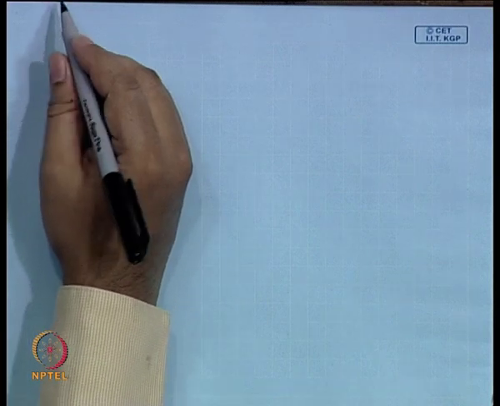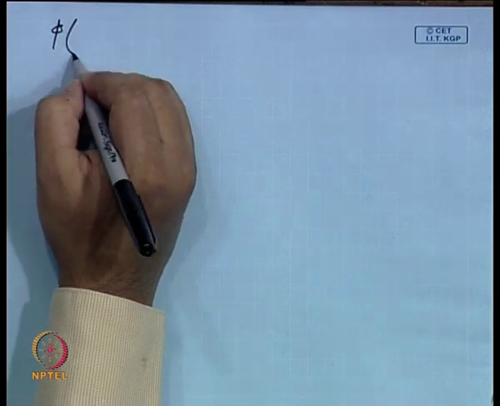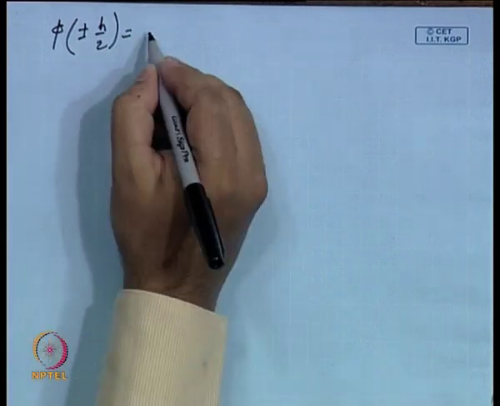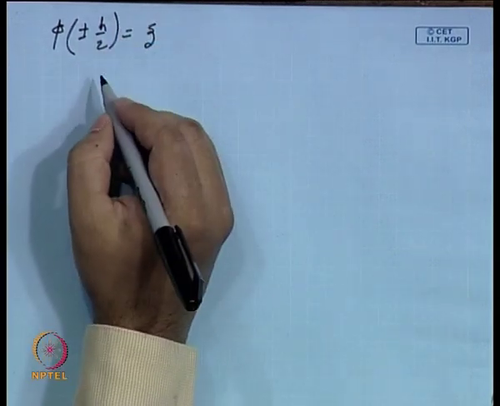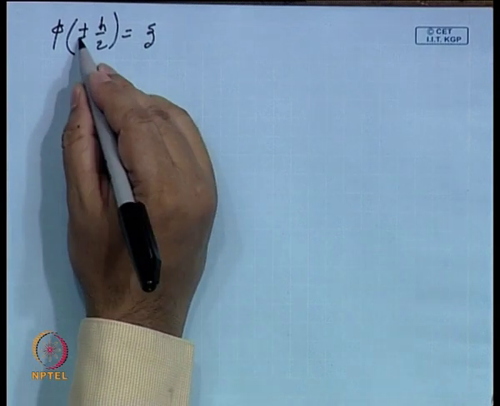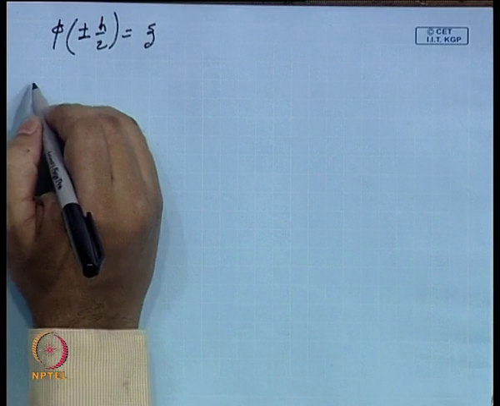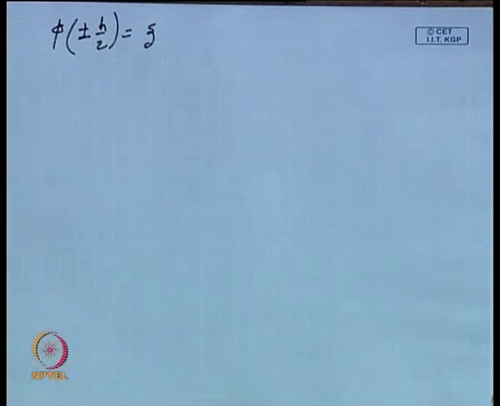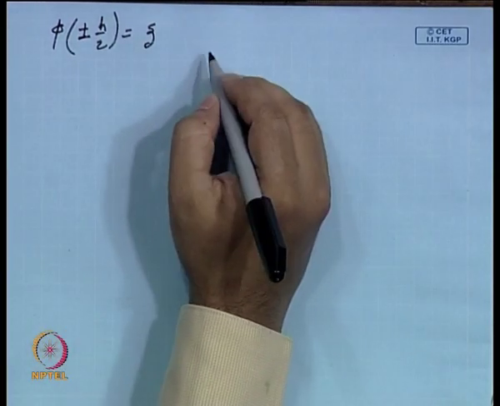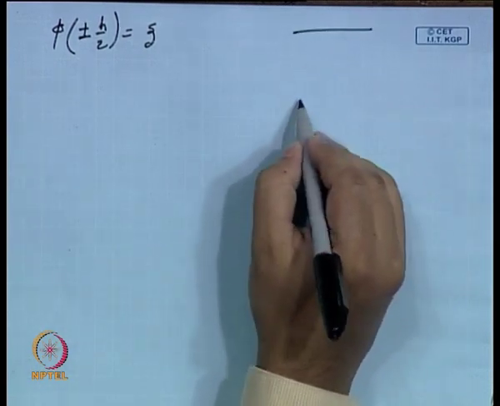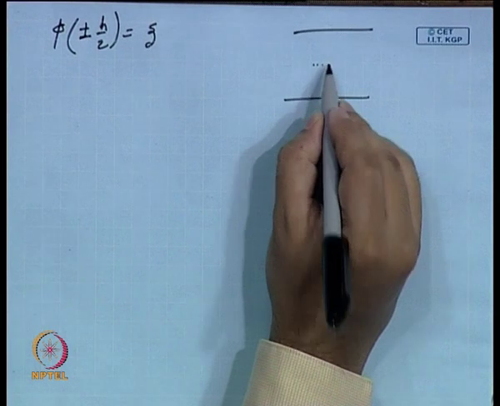The new boundary condition would be that phi at plus minus h by 2 is equal to zeta. In the earlier case your center was at the wall, but in this case, if this is the channel, then the center lies here.